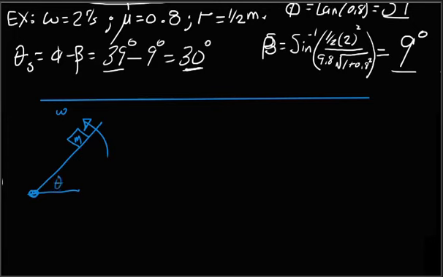We're looking for theta up. And again, our free body diagram. Mg down, Fn out, and mu Fn acting up the hill.